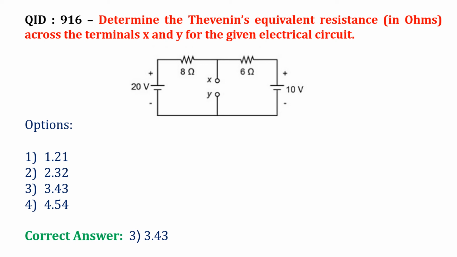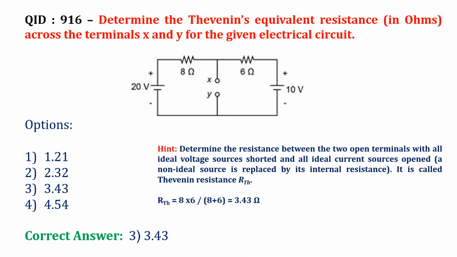To determine the Thevenin's resistance, you have to short circuit the voltage sources and open circuit the current sources. If you apply that rule, we are short circuiting the 20 volts and 10 volts, so the 8 ohms and 6 ohms resistances will be in parallel.